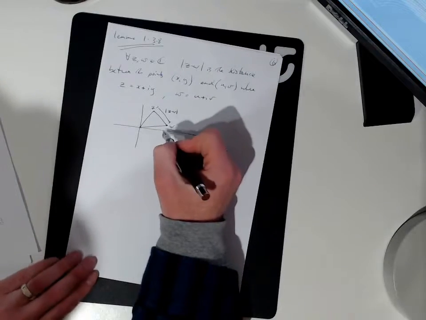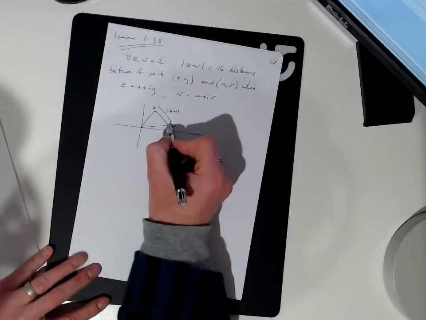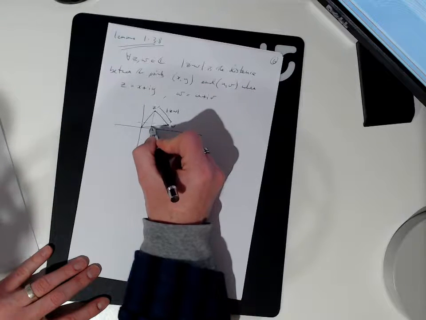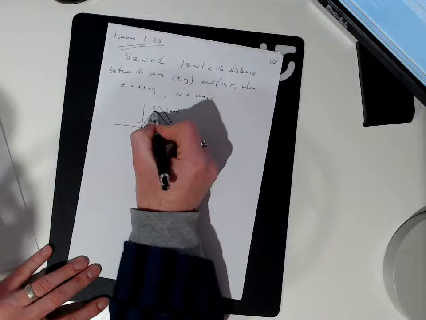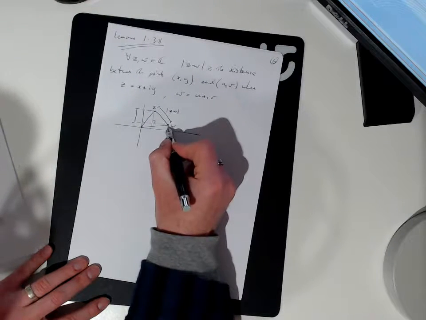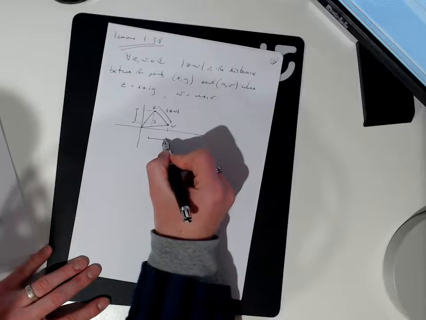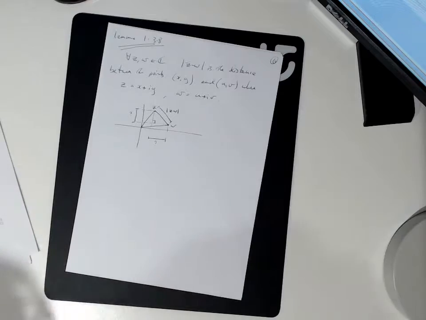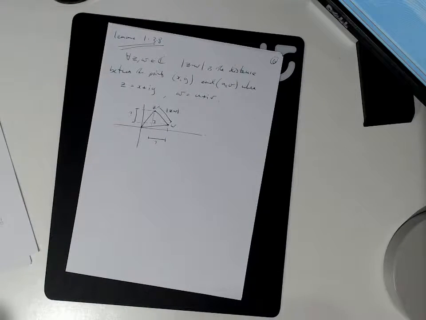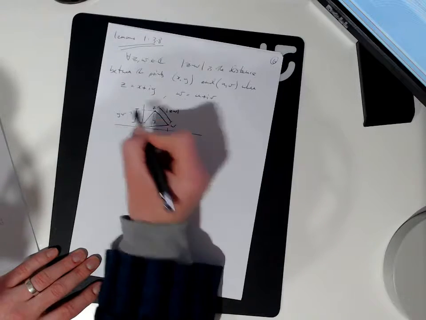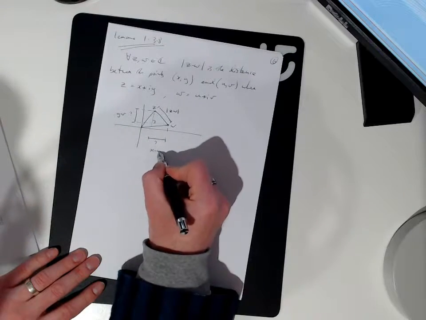And it's worth thinking about that a little bit, exactly why. My suggestion is you consider the right angle triangle here and you ask, what is that? And what is that? So this is y minus v, and this is x minus u.